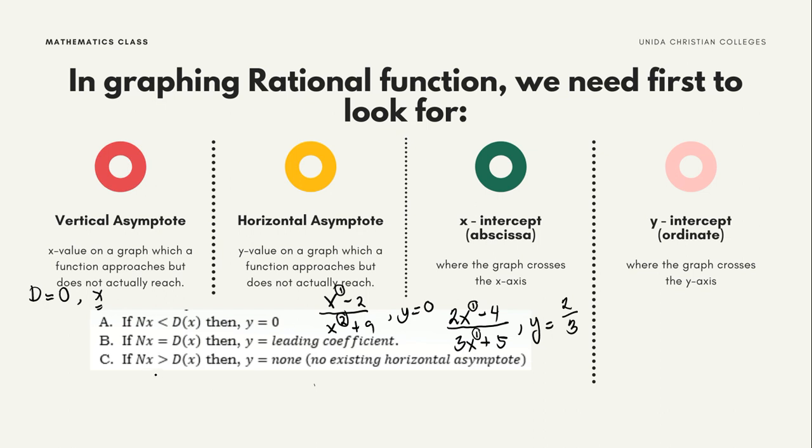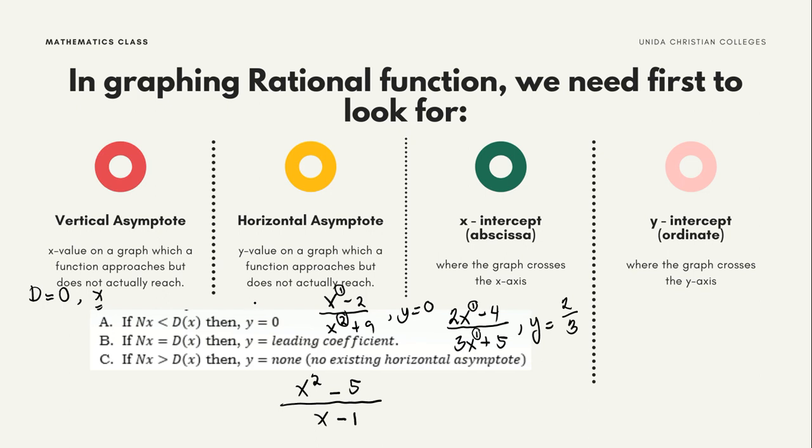Next, letter C. If your degree of the numerator is greater than the degree of your denominator, then y is equal to none. It means no existing horizontal asymptote. For example, x squared minus 5 over x minus 1.